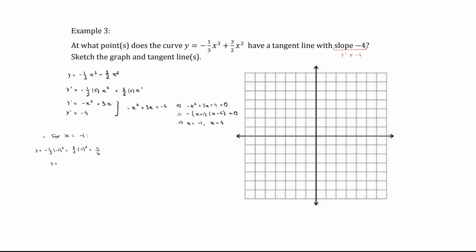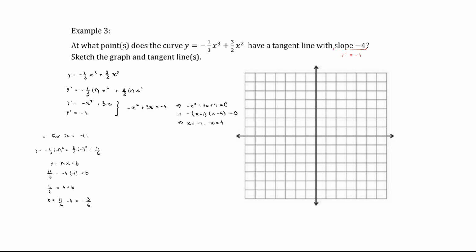I'm going to have 11/6 is equal to -4 times -1 plus b. So here 11/6 is equal to 4 plus b, or rewriting this, b is equal to 11/6 minus 4, which is going to be equal to -13/6.